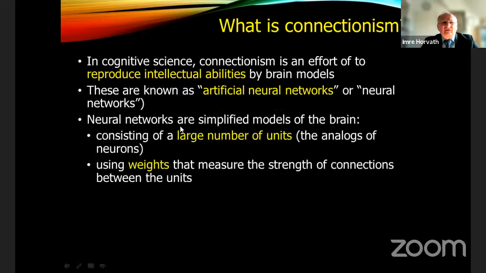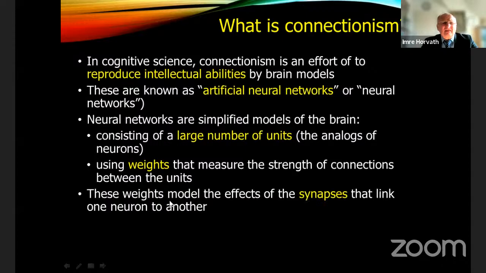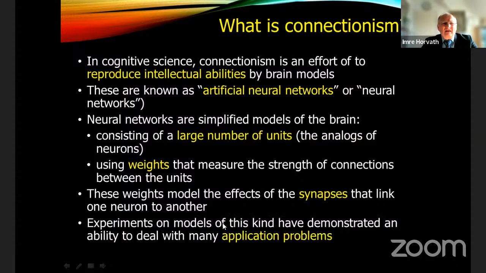Neural networks are simplified models in the sense that they consist of a large number of units, analogs of the neurons, but a restricted representation of the neurons, and using weights that measure the strength of the connections between the units. These weights model actually the effect of the synapses that link one neuron to another.